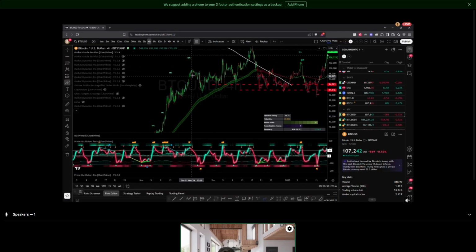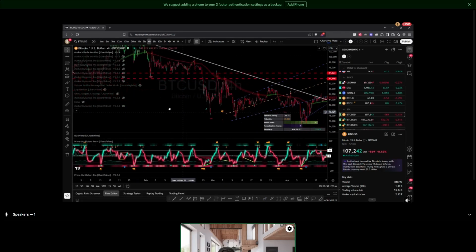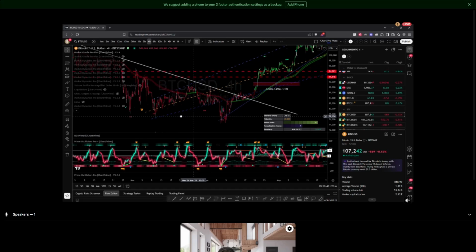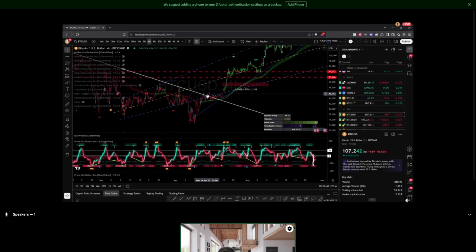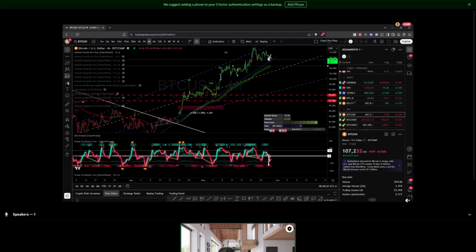We range, sweep of the lows, and then we push through. And it needs to be an upwards trend. For example, in here, sweep of the lows and then upwards movement. Again, in here, sweep of the lows and then movement to the upside.